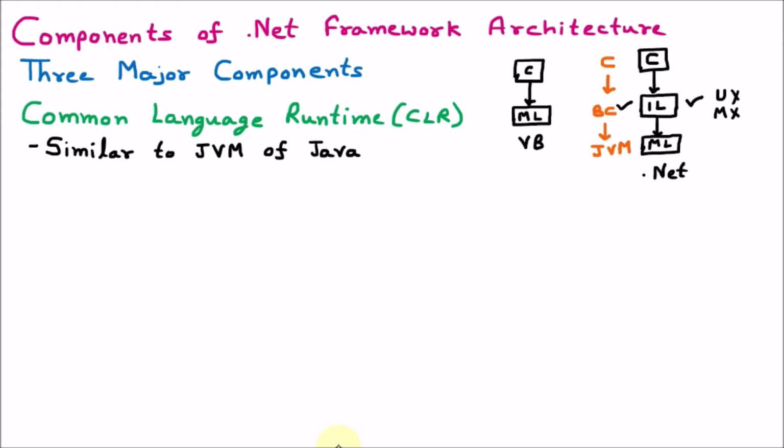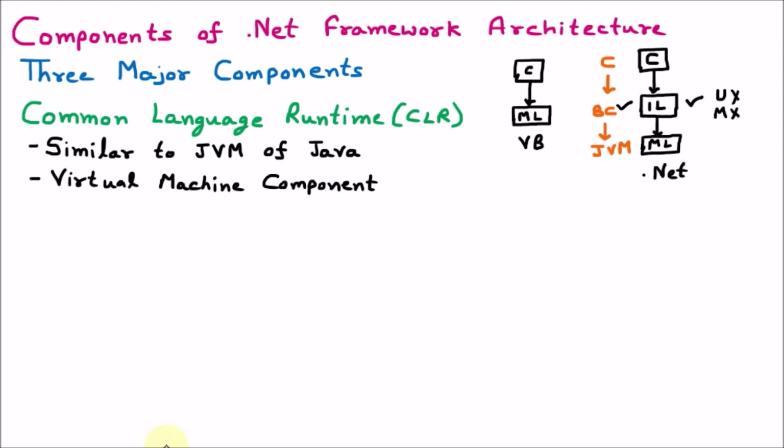Just like to run the bytecode we need the JVM, similarly to run the intermediate language we need the CLR. So we can say that this CLR is the virtual machine component. Virtual machine component means it is the part of the .NET Framework from where it works and monitors everything.